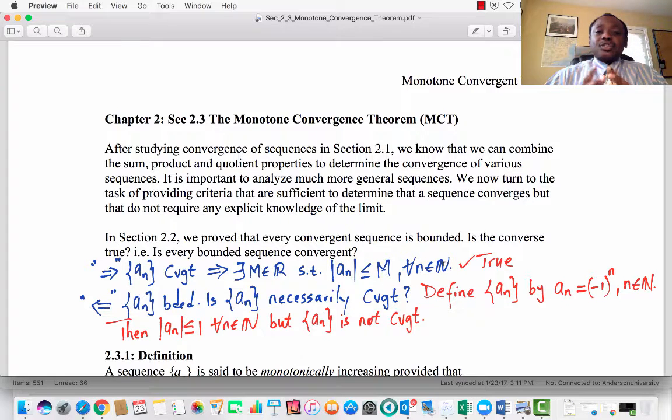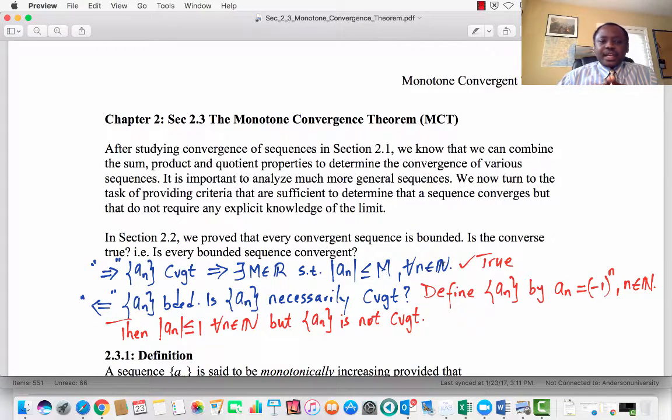So our attention at this point would be turned towards providing certain criteria that would be sufficient for us to determine the convergence of sequences without necessarily knowing the limits of those sequences. In other words, if I give you a sequence an, you should be able to tell whether the sequence converges or not, even if you do not know the limit of the sequence.